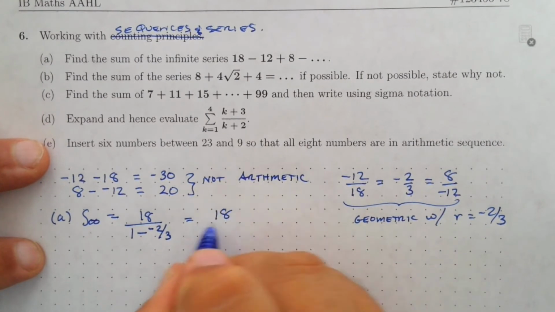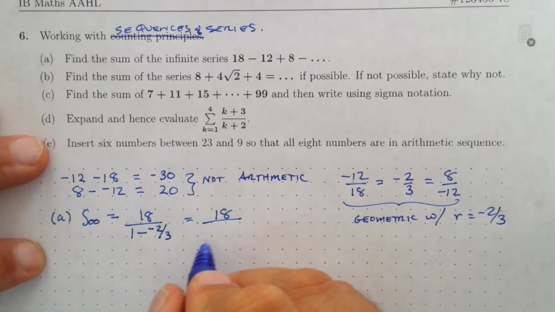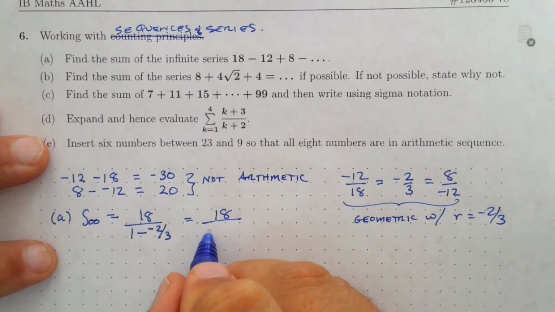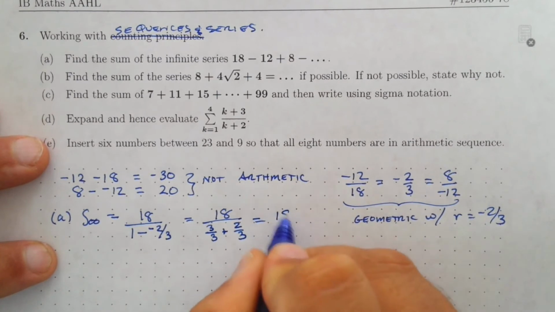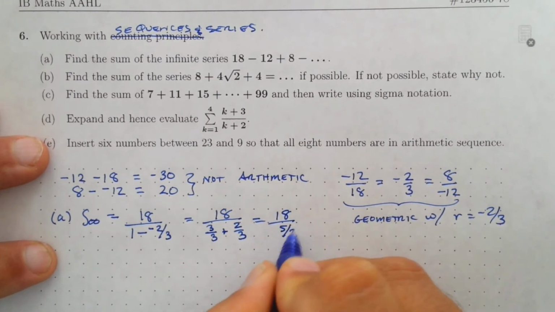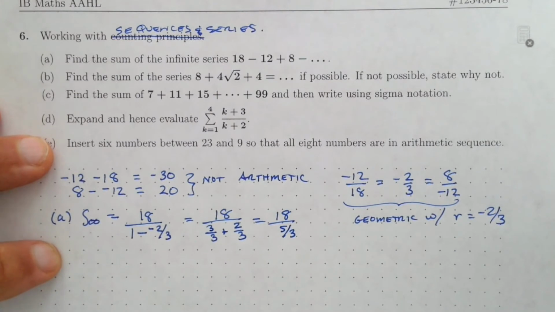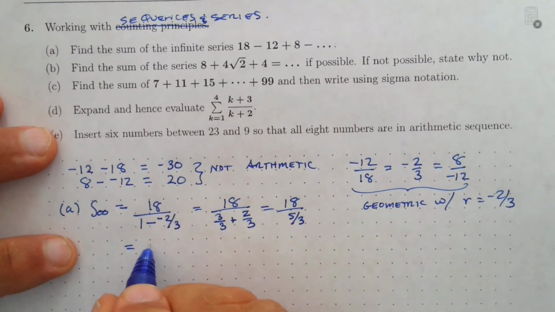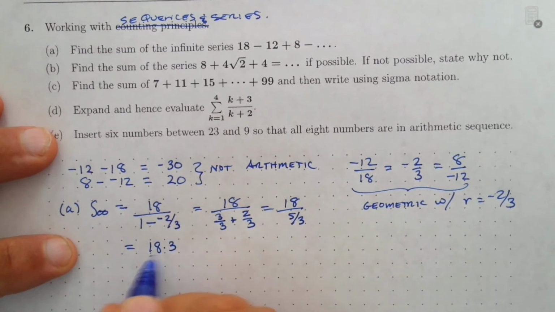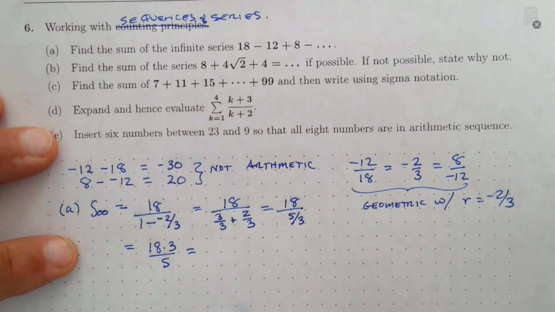Right, so that's going to give me 18, and I can think of 1 as 3 over 3, so that's going to be 3 over 3 plus 2 over 3, so that's 18 divided by 5/3, which then would mean that my infinite sum would be 18 times 3 divided by 5.